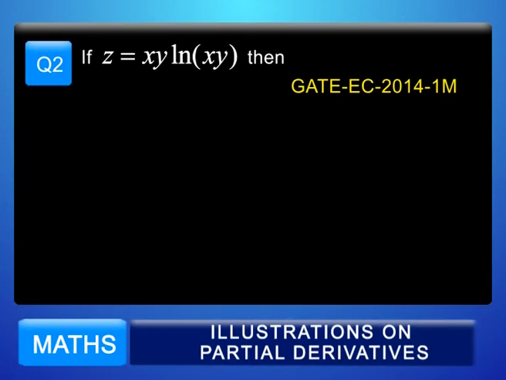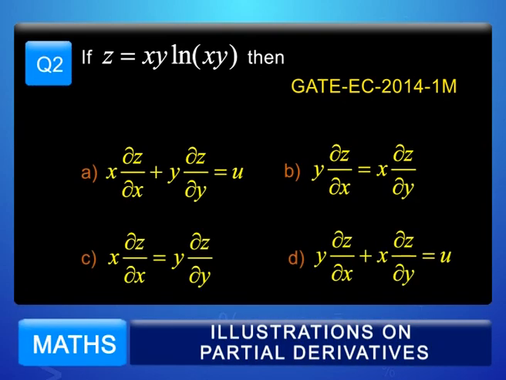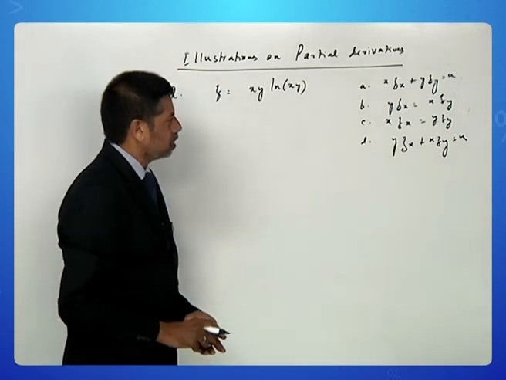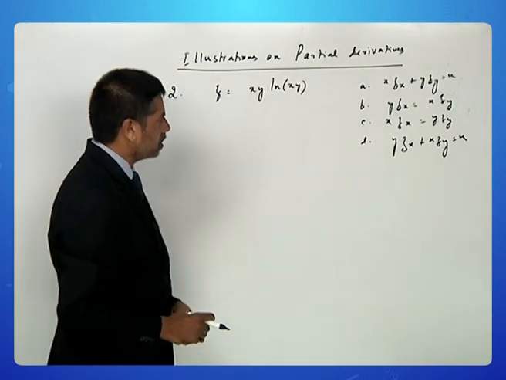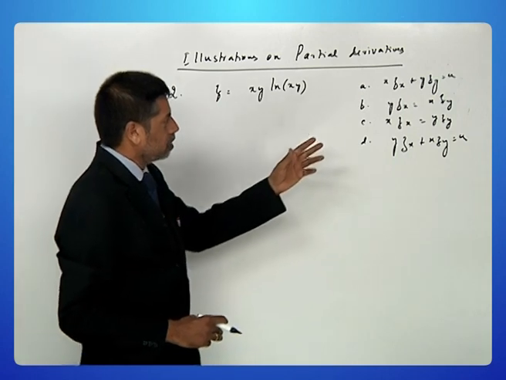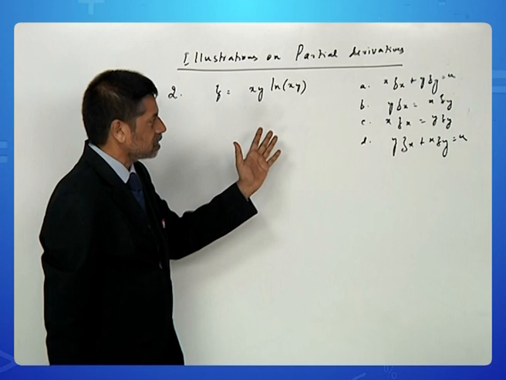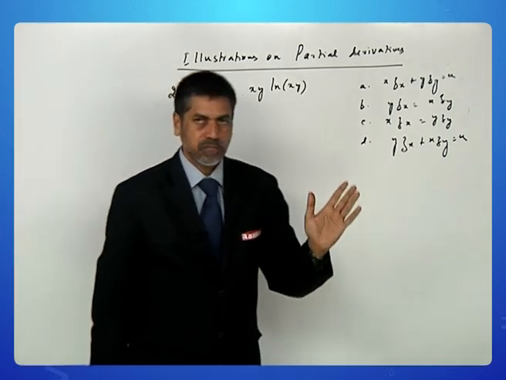Question number 2. If z is equal to xy log of xy, then which of these following options is valid? This is a plain or a straightforward problem on partial derivatives, but a student with insufficient practice may get tempted towards using Euler's theorem.